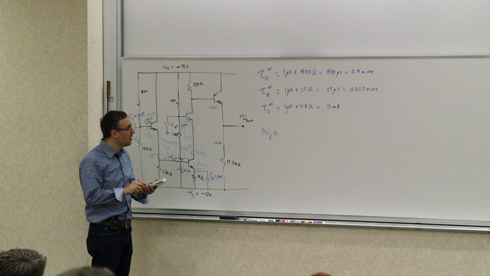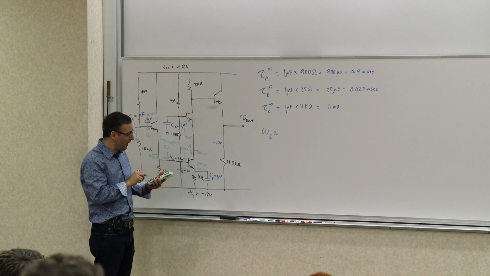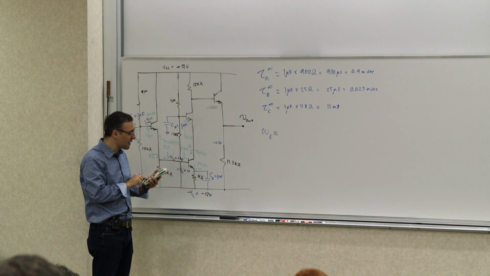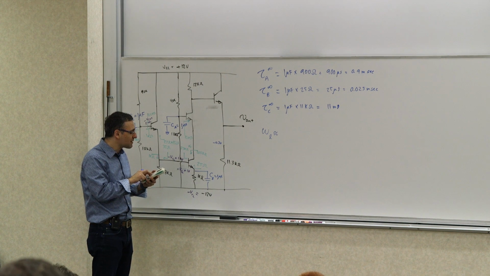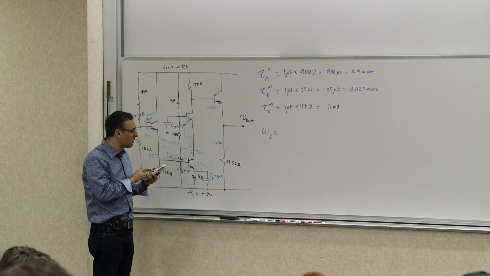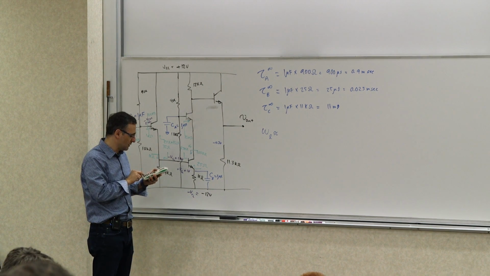So what is the estimate? So it's 25 microseconds, right? 25 microseconds. 1 over that divided by 2 pi. 1 divided by that. So that's 100 times 2 times pi.